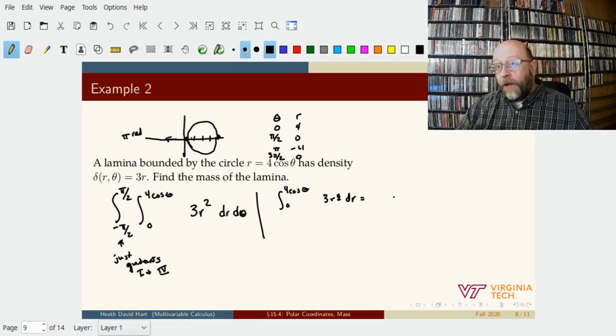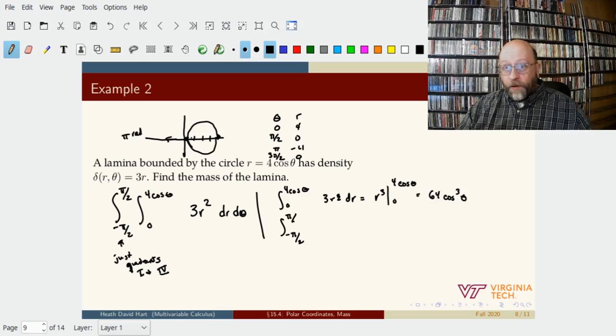The integral is r cubed from 0 to 4 cosine theta, which is 64 cosine cubed theta minus 0. And so now we have to integrate from negative pi over 2 to pi over 2. I'll take the 64 outside.